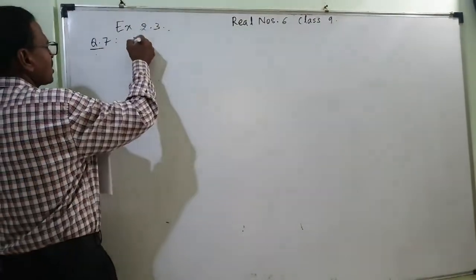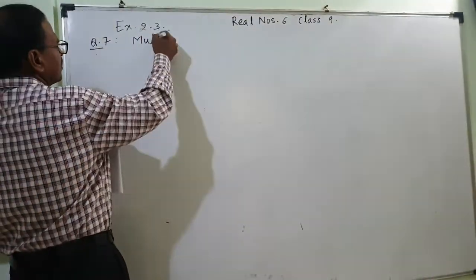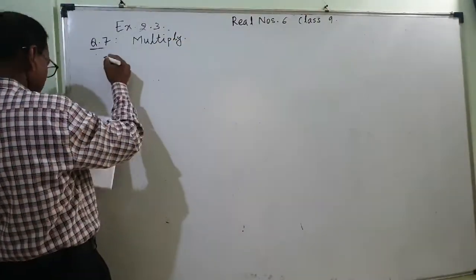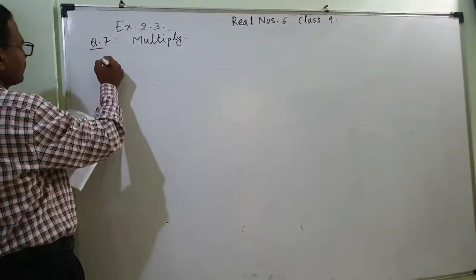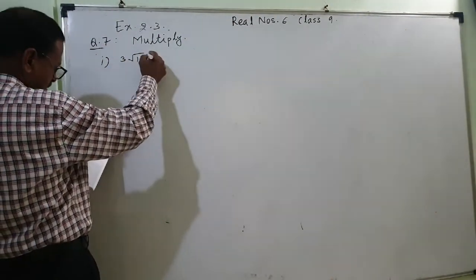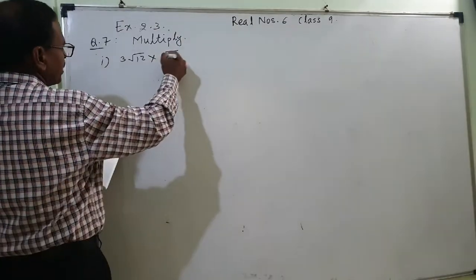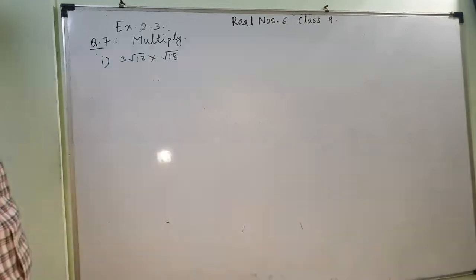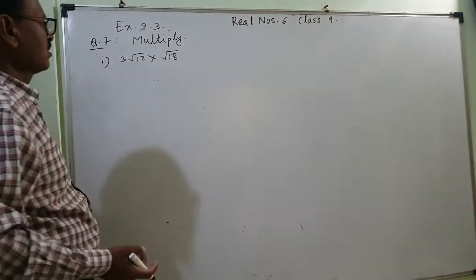I will write in the shortcut, multiply. In that, number 1 is 3 root 12 into root 18. There will be two ways.